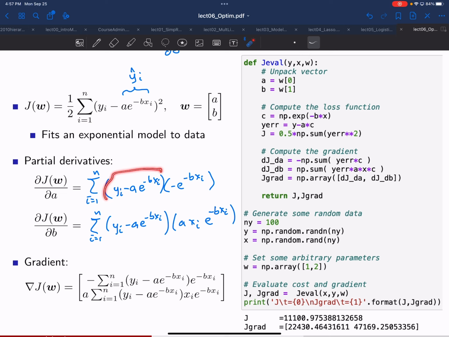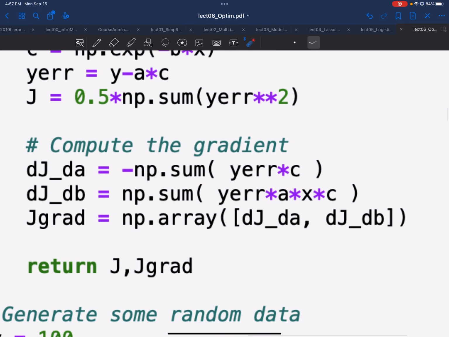So we have this computed as y error. We have this computed as c. There's a negative sign here. And so now this is actually what we call pointwise multiply.